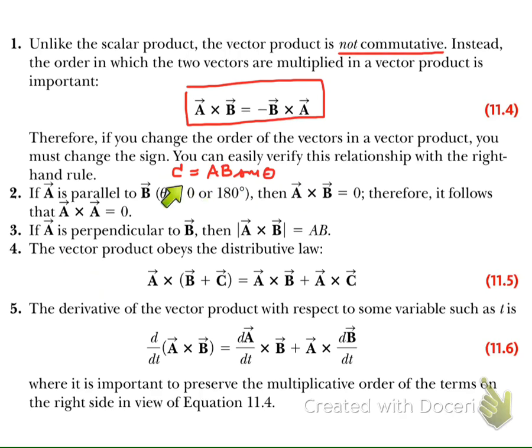This means that if A and B are parallel, or if A is parallel to B, parallel can be both A pointing in the same direction as B or A pointing in the opposite direction to B. In both cases, we have A cross B equal to 0. This gives us that if we do the cross product of a vector with itself, we will have 0. Okay.